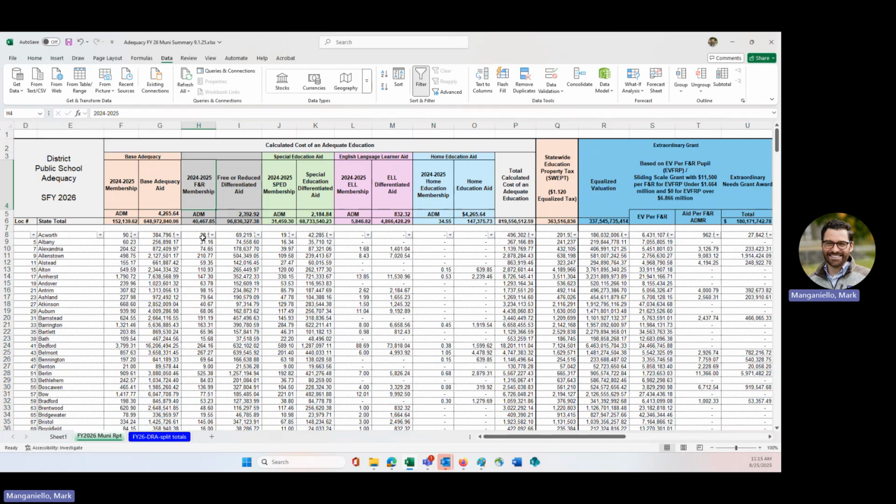If the student is not on the direct certification list, meaning we haven't directly certified them as eligible for FNR via the DHHS data files, you as a school district would collect an application. That family would fill out the application, including information about their household and their income. If it was determined via the application that they were FNR eligible, then on your end of year reporting, you would report them to the state as being FNR eligible.